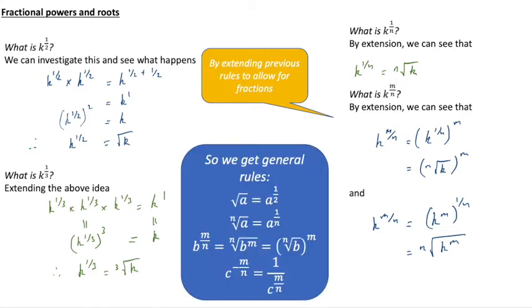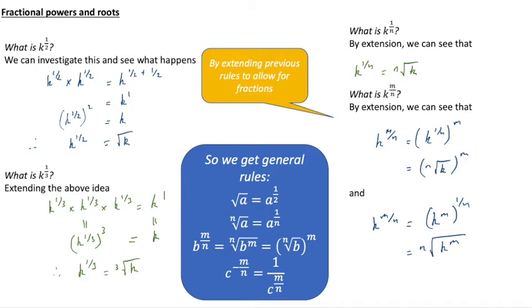And now our general rules look like this. We have root a is a to the power of a half, the nth root of a is a to the power of 1 over n, b to the power of m over n is the nth root of b to the m, or the nth root of b all to the power of m, and we can also say that c to the minus m over n is equal to 1 over c to the power of m over n.